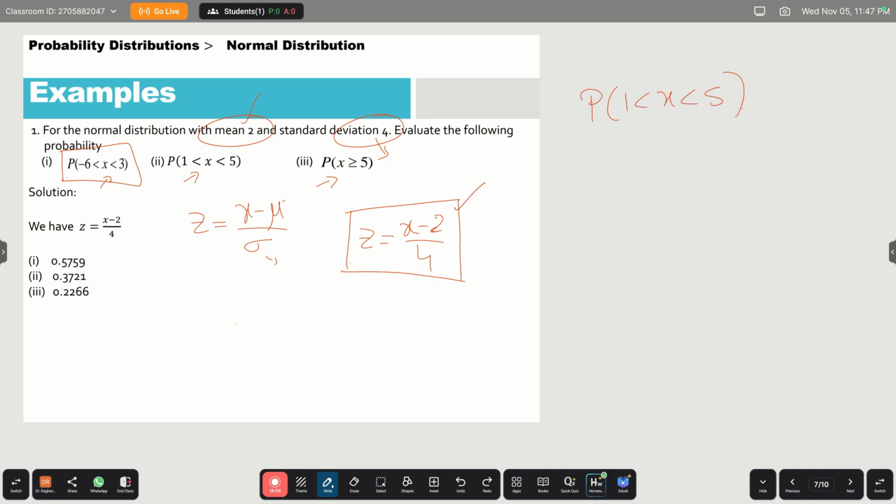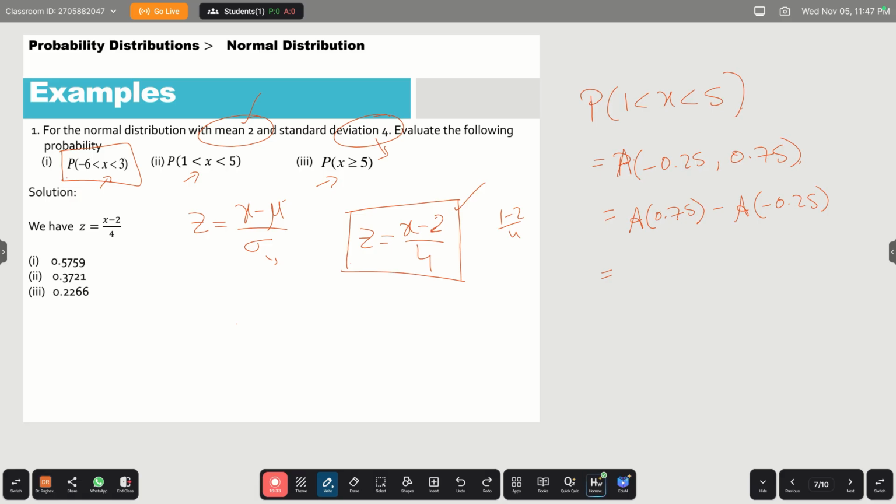When you put 1 here, it will be (1 - 2)/4, which is -1/4, that is -0.25, and for the upper limit 5, 5 - 2 is 3, and 3/4 is 0.75. So this is the area of 0.75 minus the area of -0.25.